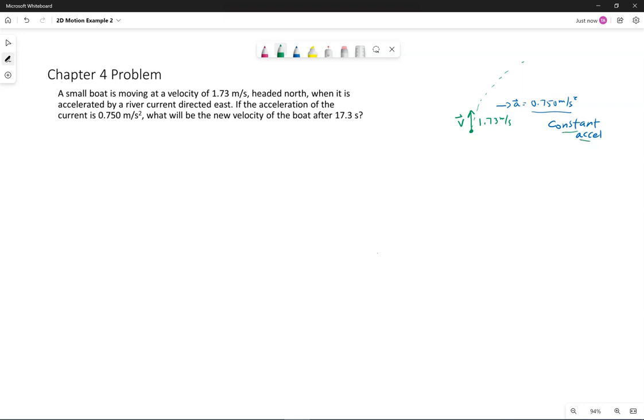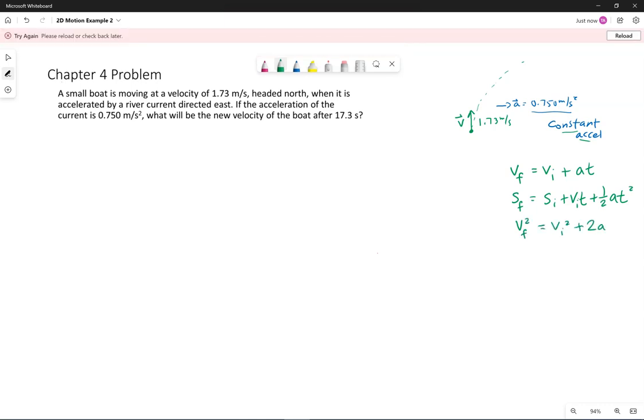Because the acceleration is constant, the kinematic equations, or big three that we've talked about before, are still applicable. But they are only applicable for the x direction or the y direction at a time. So we have to look at x and y separately.